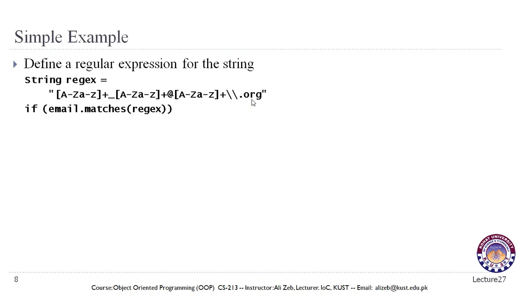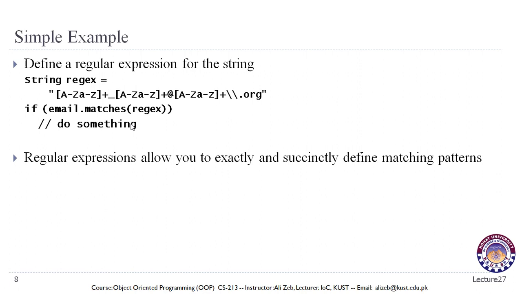If email.matches this regular expression, now matches is a method of the string class. Email is our string, matches is a method of the string class, and if our email matches the expression that we have defined, then do something.